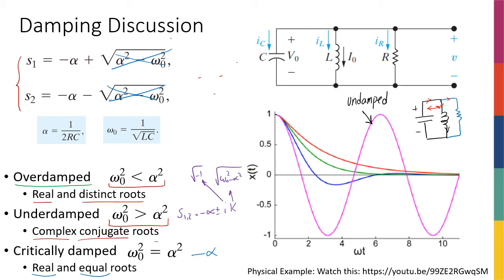So you can think of it that if I actually start from the same point here, what happens is that every time I do a cycle, the next peak is going to be a little bit smaller, and then a little bit smaller, smaller, smaller, until I get to zero, right?